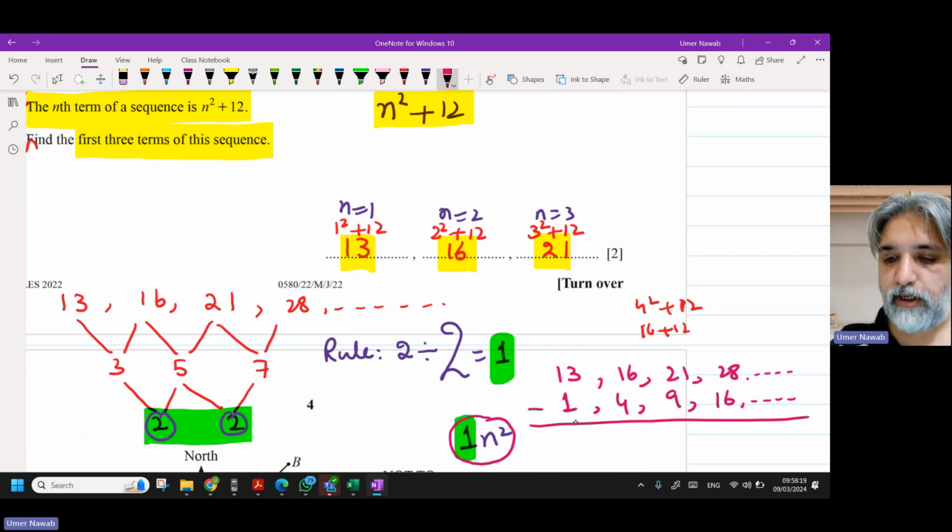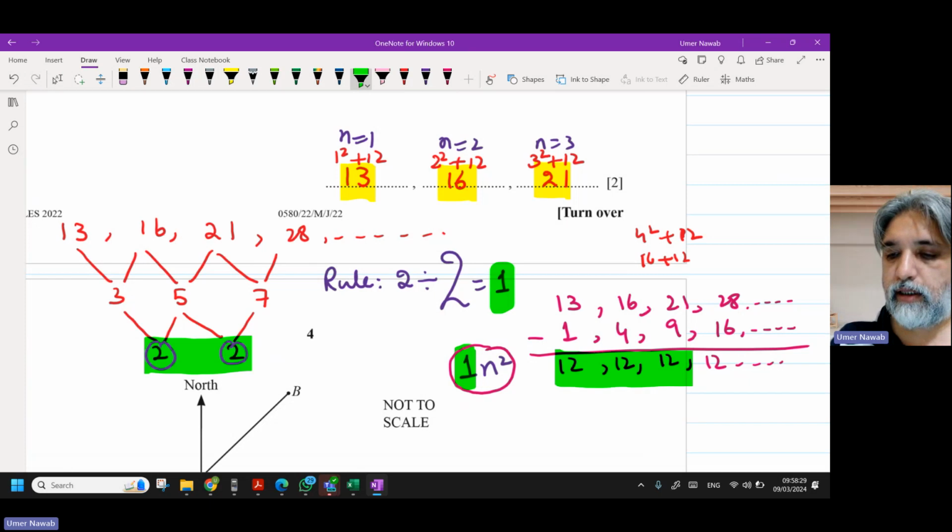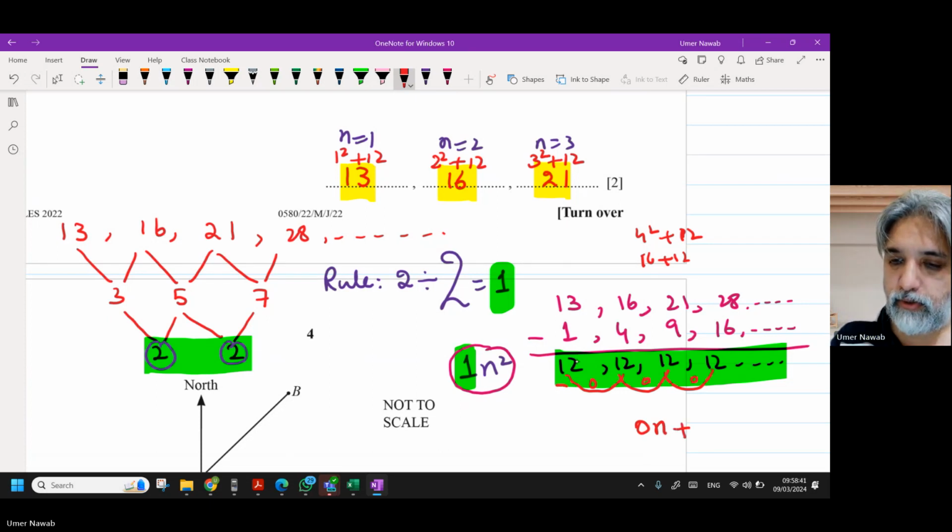Now subtract them. 13 minus 1, 12, 16 minus 4, 12, 21 minus 9, 12, 28 minus 16, 12. So it's a constant difference sequence. Now, what is the difference between them, guys? 0, 0, 0. So if the first difference is the same, the nth term is 0n plus 12 minus 0, which is 12.